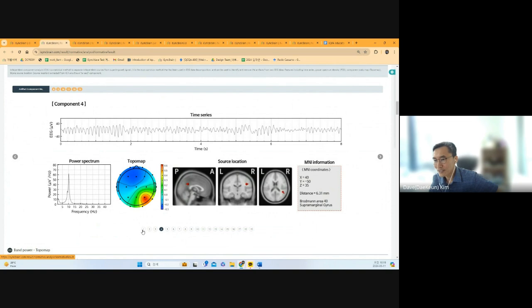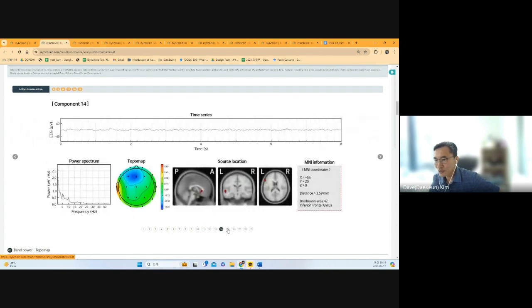We can see this kind of right parietal temporal abnormal component. We have the MNI information of this abnormal source. The TMS population can use the TMS coil for targeting the abnormal area using this MNI information.